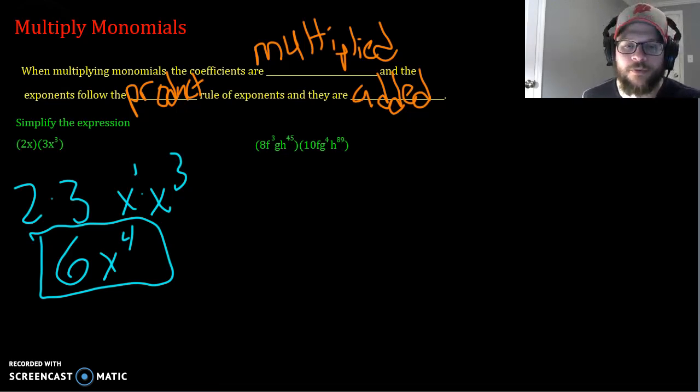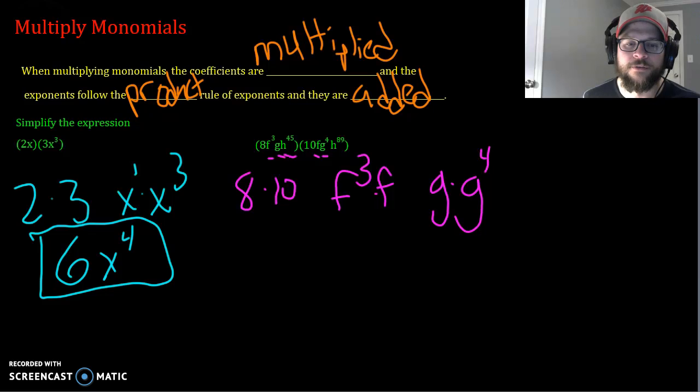Now, if you have multiple variables, you just have to make sure that the only variables that you're combining together are the like terms. So just like our coefficients in the last one, those get multiplied together. Then we have an f to the third and an f right here. Then we have a g and a g to the fourth.